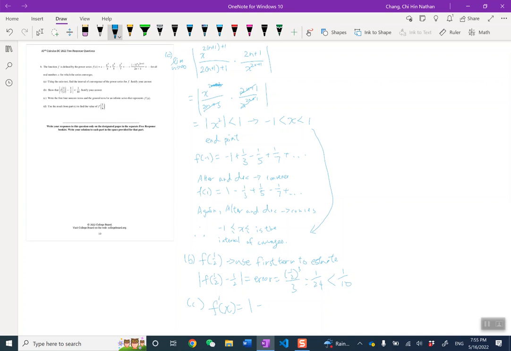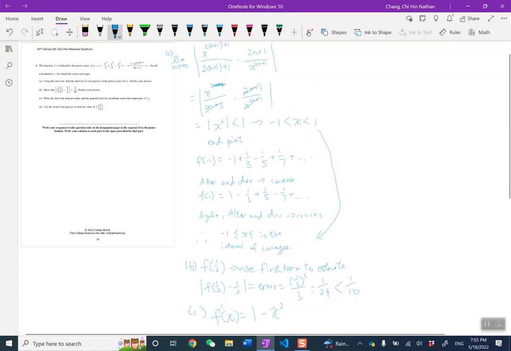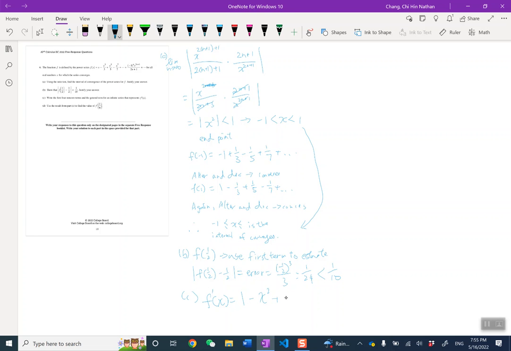The derivative of x to the power 3 over 3 is just x to the power of 2, and we actually kind of notice a pattern here. So it's just gonna be plus x^4 minus x^6, and these are the first 4 terms.